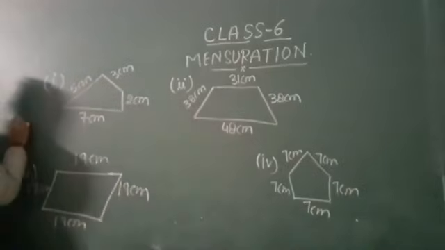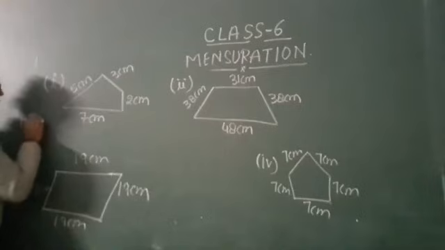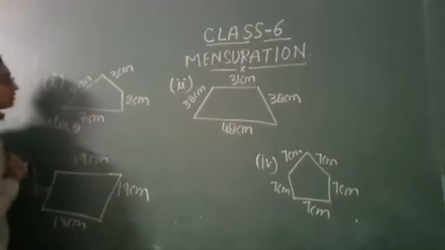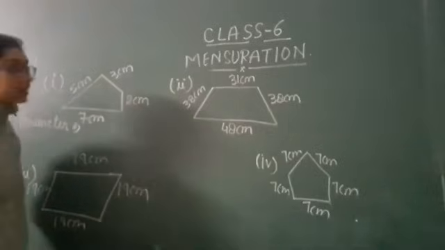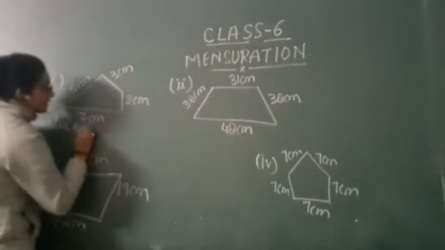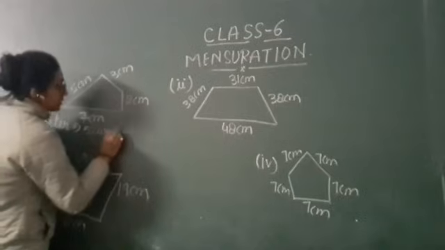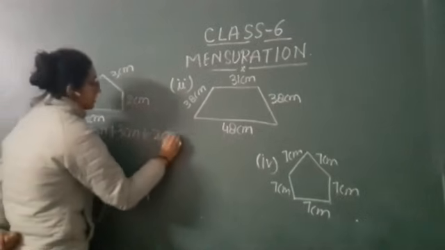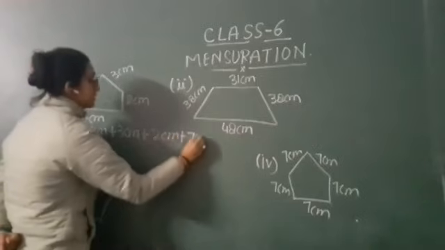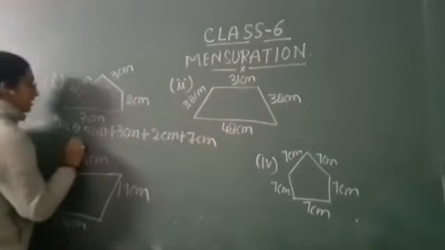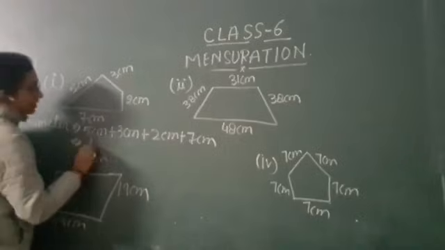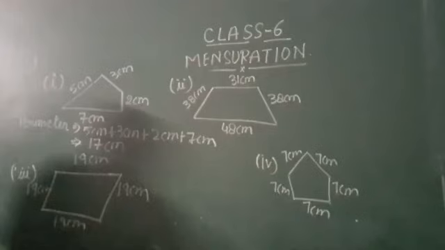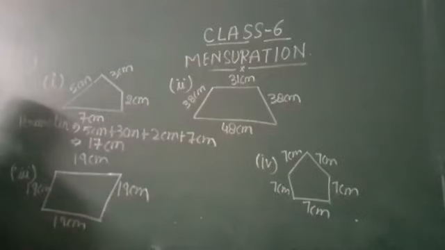If we have to find the perimeter of this figure, what do we have to do? We have to add all the sides. That is 5 cm plus 7 cm, then 2 cm, 7 cm. It will be 70 cm. First part we have completed.